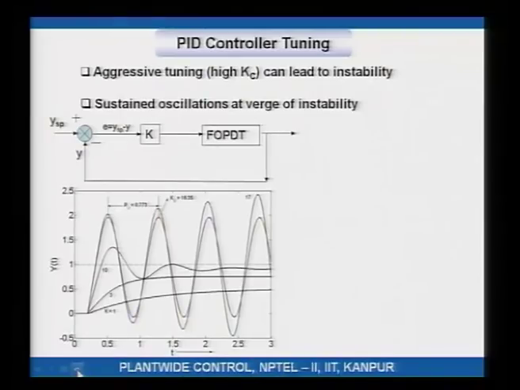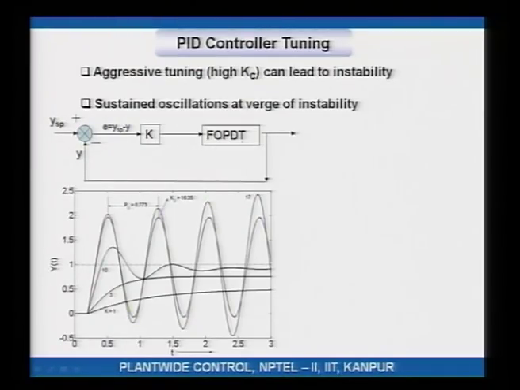Well, two things. I think it is better explained in this figure. So, let us say you got a first order plus dead time process. You are feeding back the output Y, getting the error signal, and let us say you are just putting it through a P only controller, which is just multiplying the error with a gain K. Okay, and this is the output of the controller, which is the input to your first order plus dead time process.